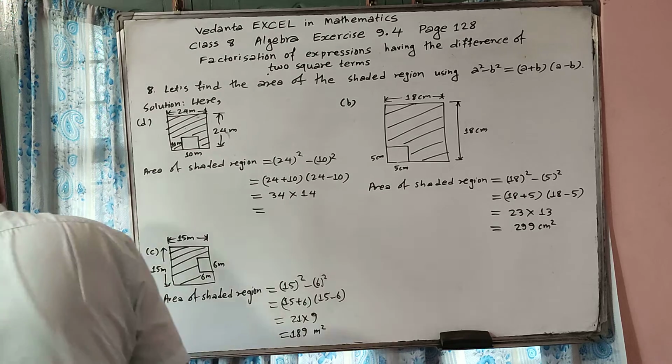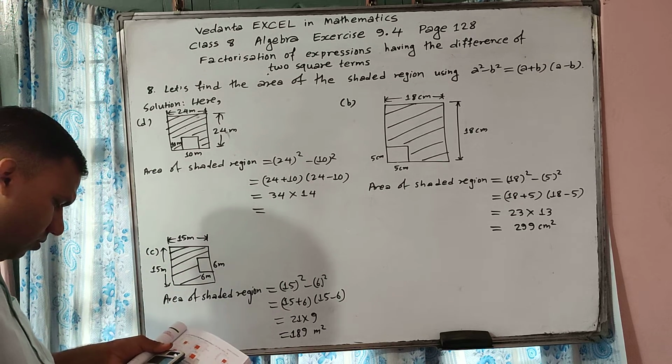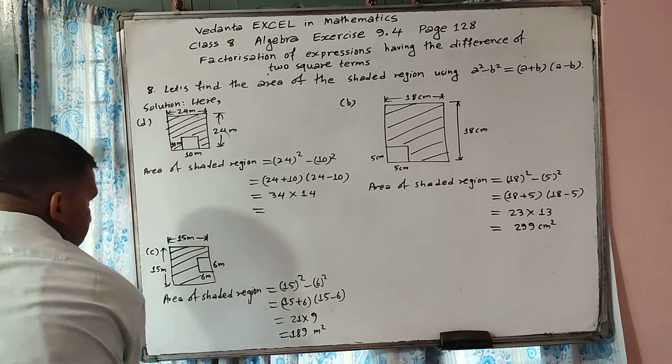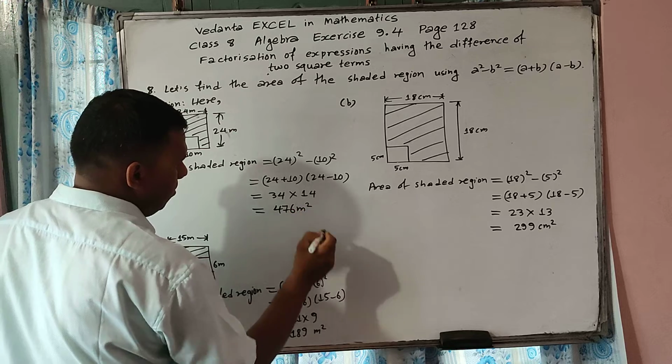Let's calculate this. 34 into 14 is 476 meter square.